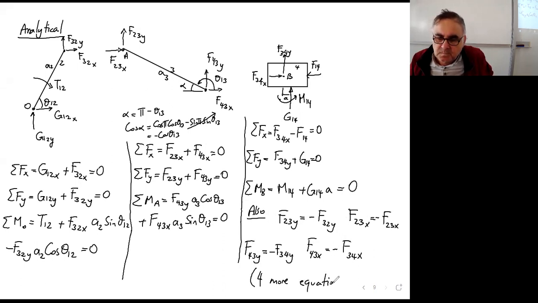So in general, we have how many equations and how many unknowns? Let's have a look. We have 9 plus 4 equals 13 equations.